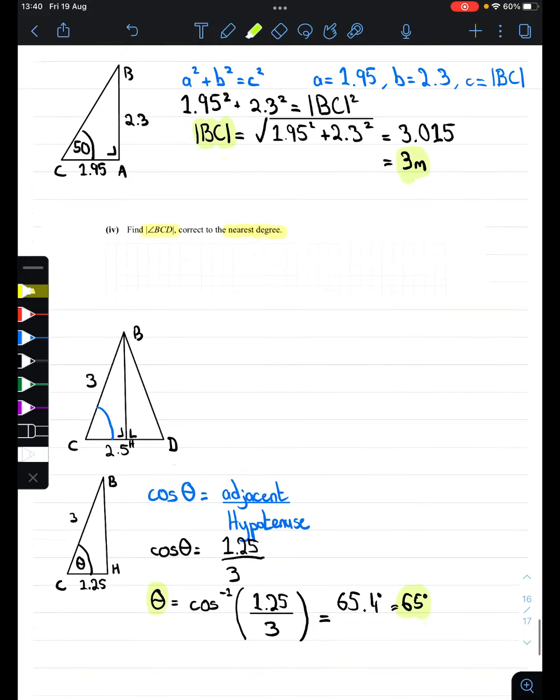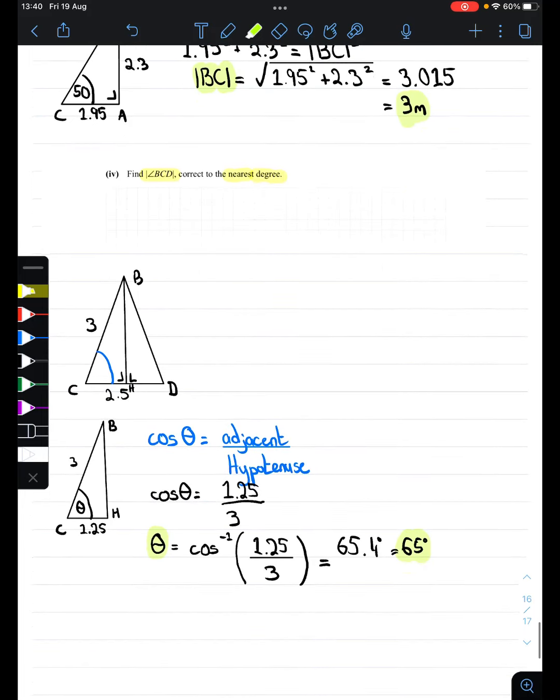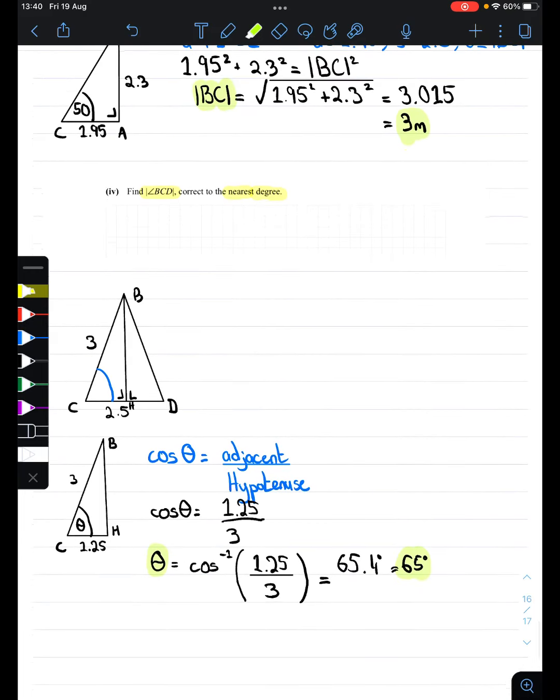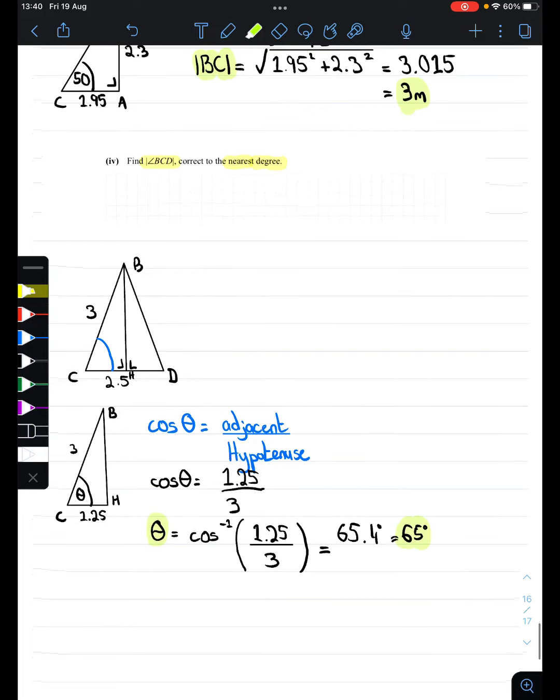So it's a little bit trickier in that sense, but once you notice that, it becomes very easy. But there is another way of doing it. We do have a way of dealing with non-right angle triangles.